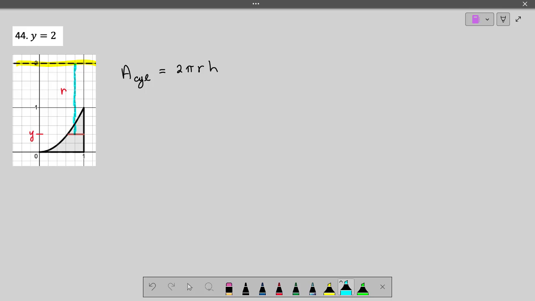That is our radius. So that's the radius of the representative cylinder that we're thinking of. We can't draw all the cylinders. We just grab a representative one. So we create a representative element, which creates a representative cylinder. And then if we multiply by dy, then we add some thickness to that cylinder, giving it volume. And then we add them all up.